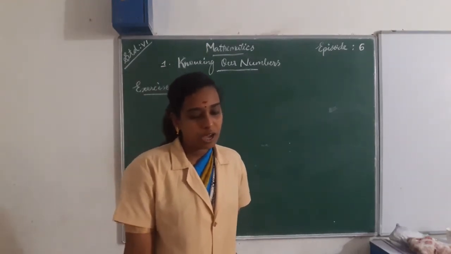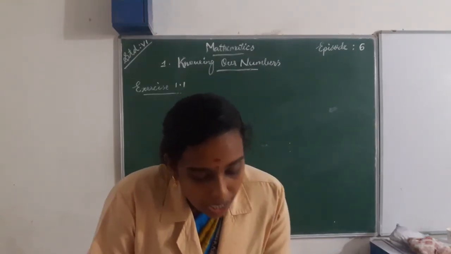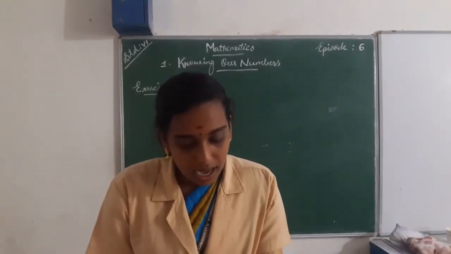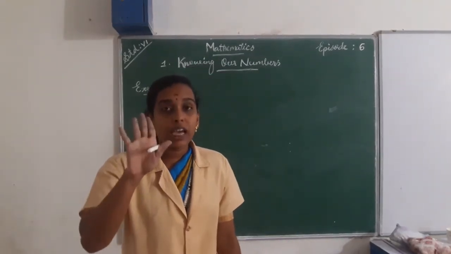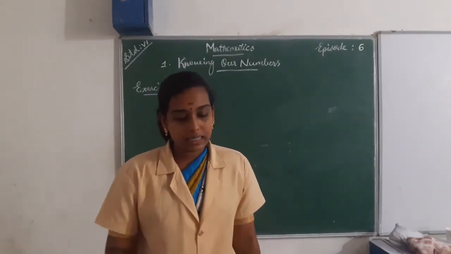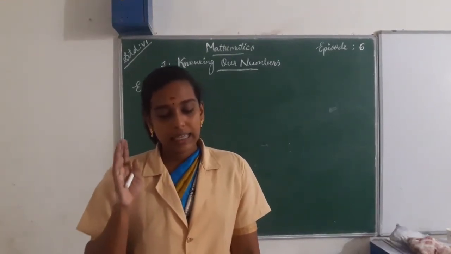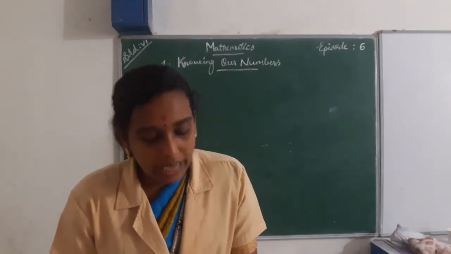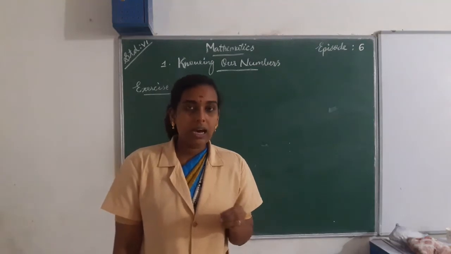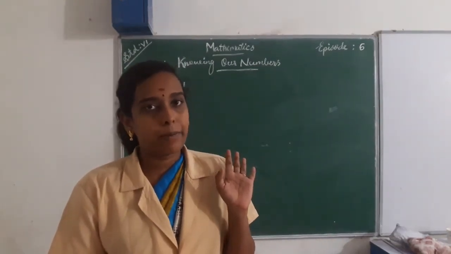Read carefully: find the difference between the greatest and the least 5-digit number that can be written using the digits 6, 2, 7, 4, 3, each only once.